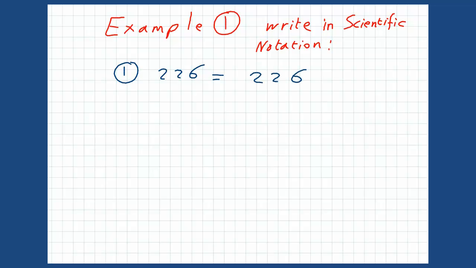Our decimal was here, so we will move it to be here, and then we will multiply by 10 to the power 2, because we moved 2 digits and we came from the right, so it will be positive 2.